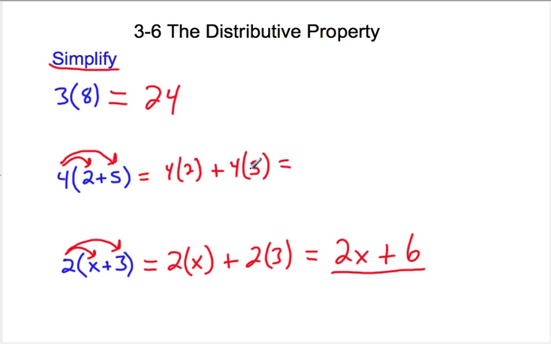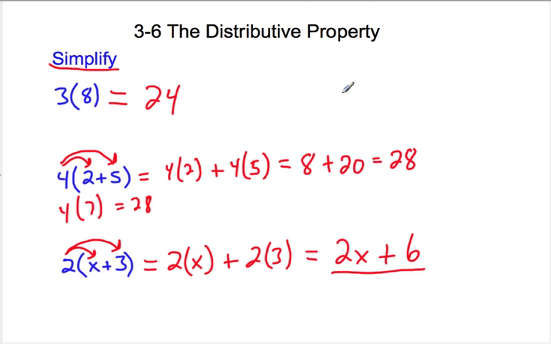So 4 times 2 is 8. 4 times 5 is 20, and we could see that the answer would be 28, same as what we got before, which was 4 times 7, which was 28. Now, when you're doing a problem like this, the distributive property is unnecessary, so you might be saying, well, why would you do this? You really don't need to do this. I just wanted to show you that it works and why we're allowed to do it when there's a variable here.